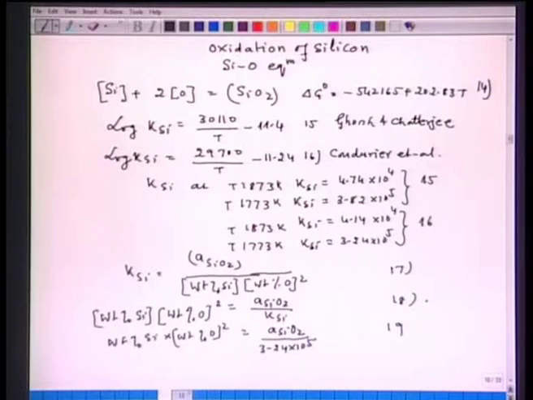So, we write weight percent oxygen equal to 0.308 into 10 to the power minus 5 upon weight percent silicon, raised to the power 1 by 2.